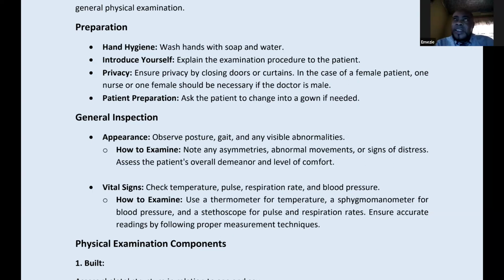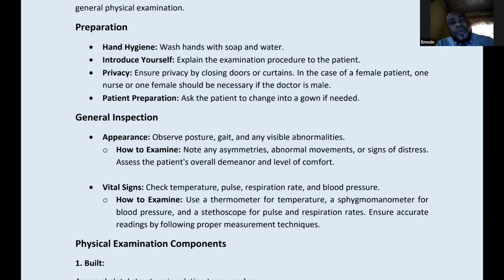IPPA: inspection, palpation, percussion, and auscultation. So all examinations in medicine and pediatrics follow that format.